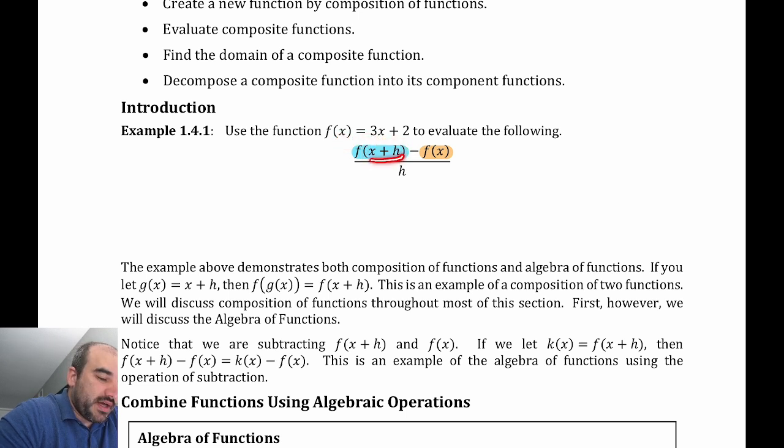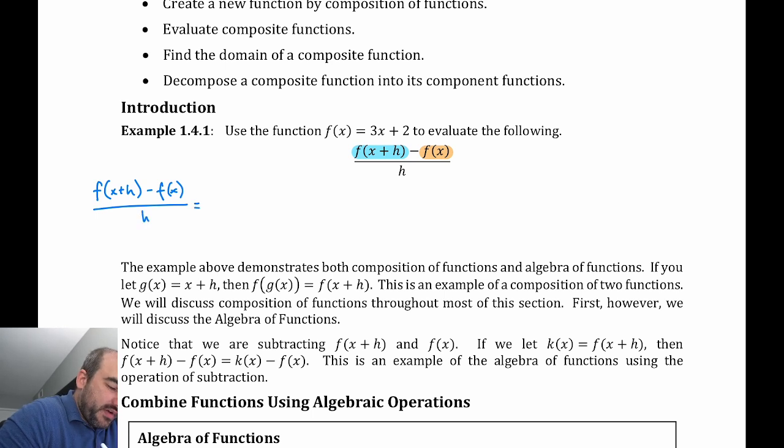So I'm going to take this x plus h and put it wherever I see an x in this 3x plus 2 expression. I'll rewrite the expression first: f of x plus h minus f of x, all over h.